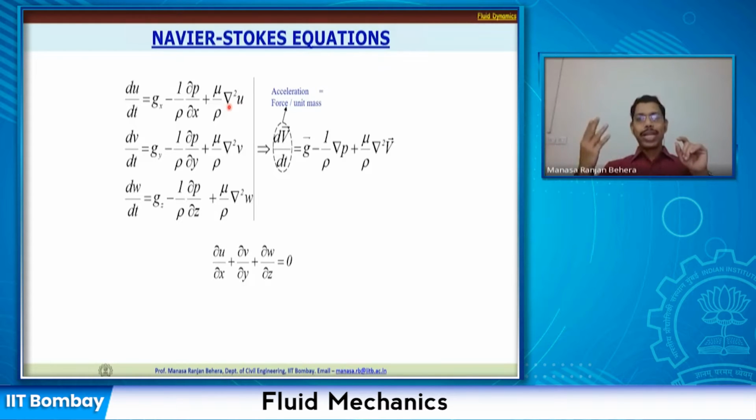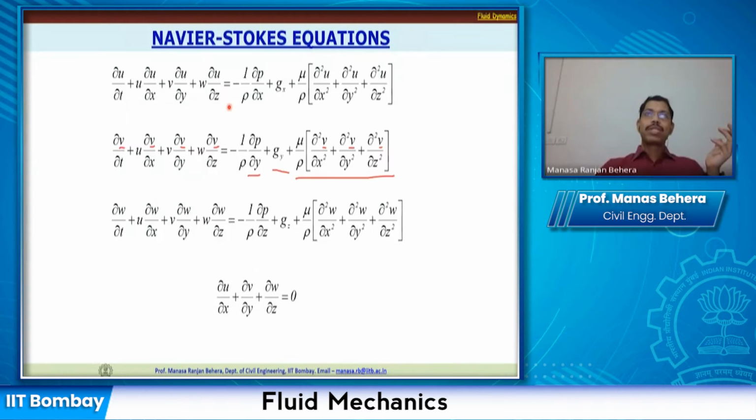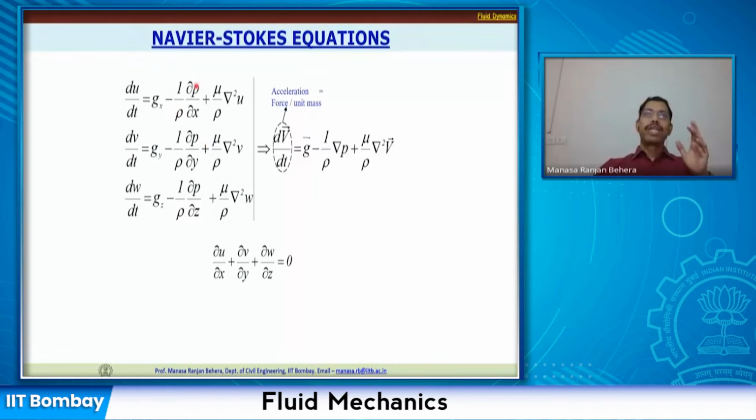So del square is dou square by dou x square plus dou square by dou y square plus dou square by dou z square, and operated on u it will give you the equation which we had written in our previous slide. So this is nothing but your del square u. Similarly, this is going to be del square v, this is del square w. So that is what we have written here.